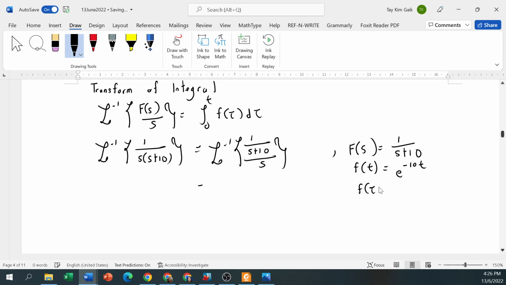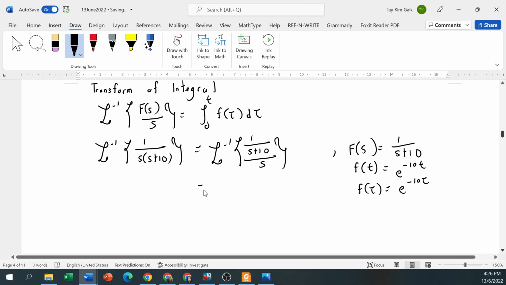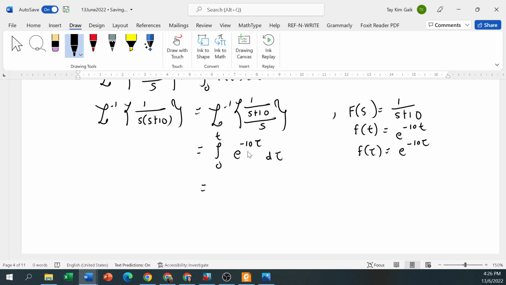If you want f(tau) or f(u), it's just a variable. Using transform of integral, this is equal to the integral from 0 to t of e^(negative 10 tau) d tau. If you don't like tau, you can also change it to u. Integrating e^(negative 10 tau), you get e^(negative 10 tau) divided by negative 10, with limits from 0 to t.